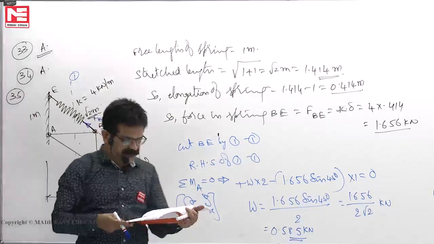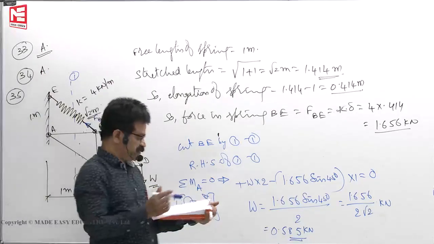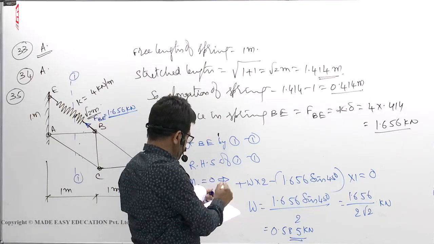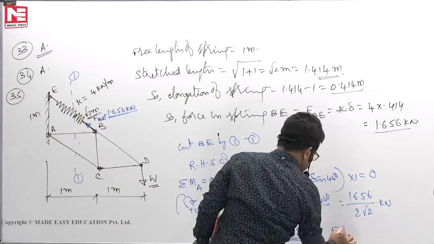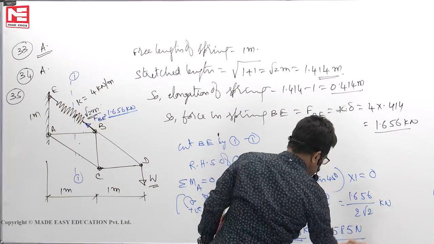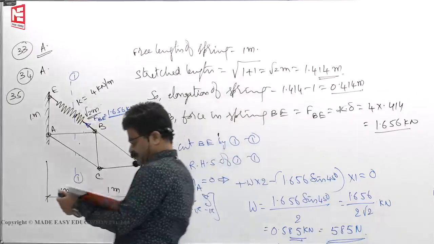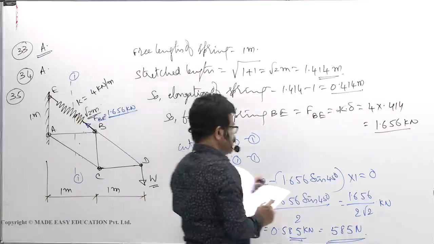So 0.585 is the answer, in kilonewton. He is asking you in terms of Newton, so we can write it as 585 Newton. Next, 36.